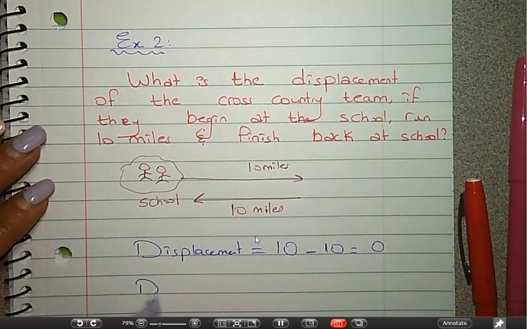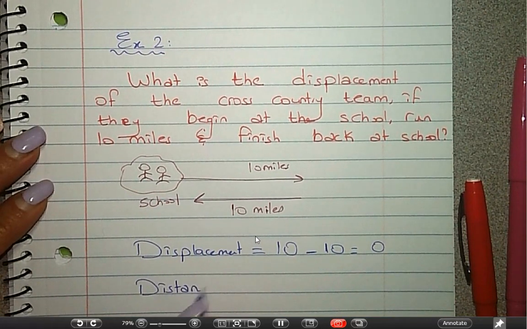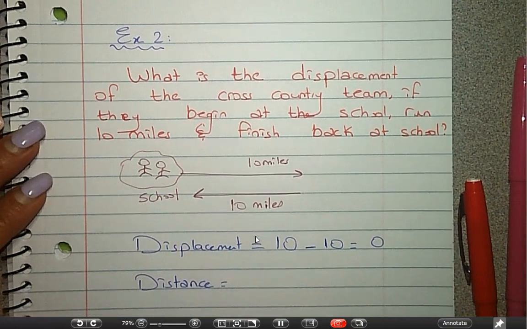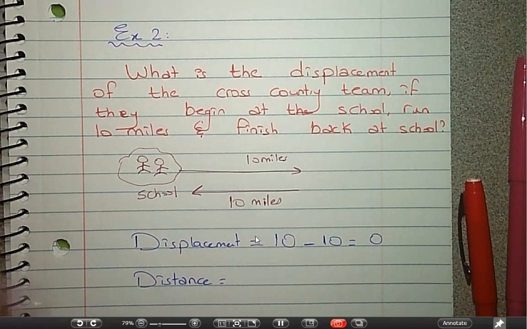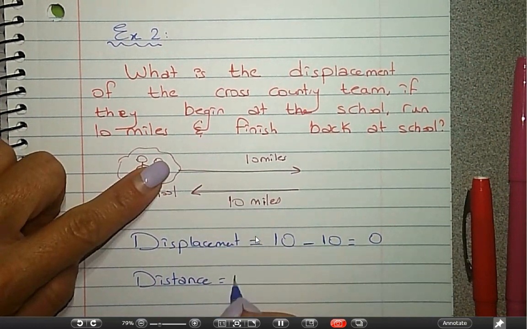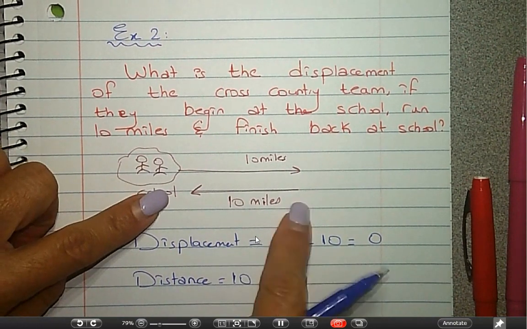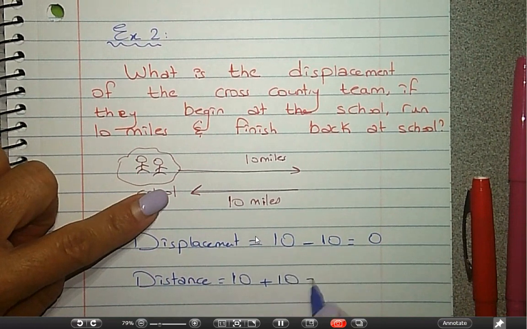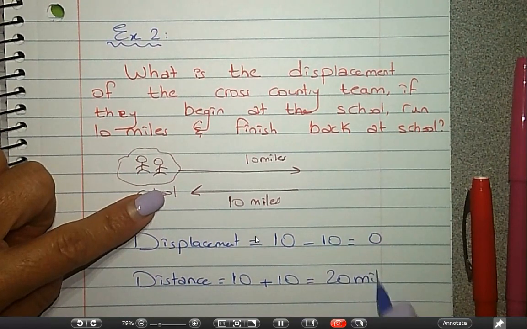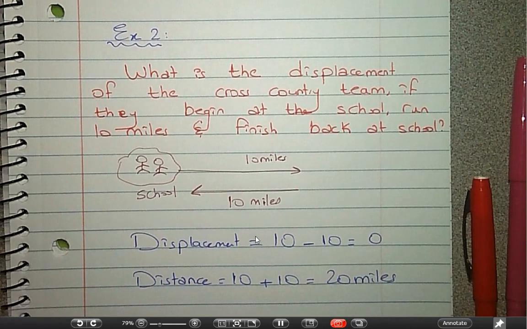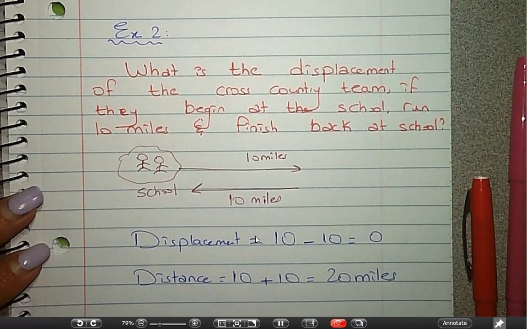Now, what if I ask about the distance? For the distance, we don't care about the direction. What are you going to say? You're going to say it traveled 10 plus that 10 going the other way, which will make it 20 miles of the total trip, because it really doesn't affect me what direction they're going when we're actually looking for distance.